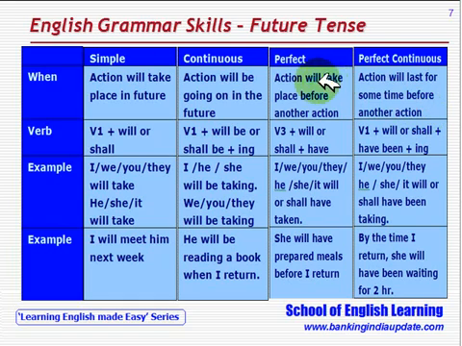Here it will take place in future. Here it will last for some time in future. First form of the verb plus will or shall plus have been plus ing.